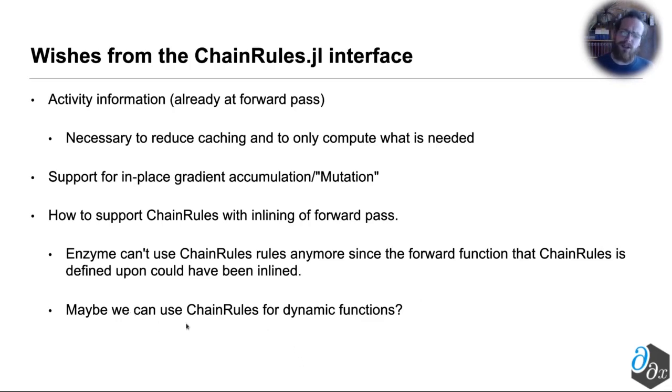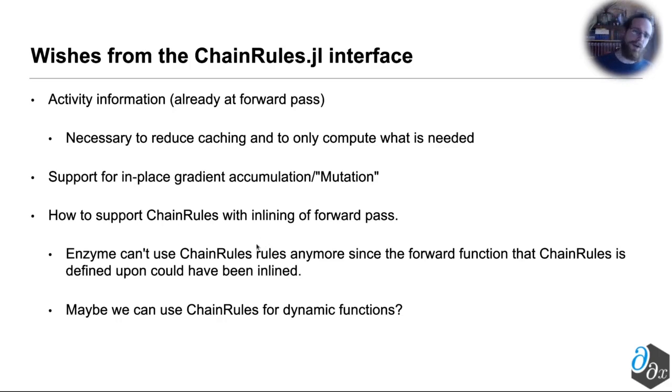We would also like to use chain rules to actually add higher level rules to the low level rules that Enzyme is already using. But we are having a challenge that if you're inlining functions during the forward pass on the Julia level, we cannot use chain rules to then look up what the function means because the function doesn't exist anymore. It has been inlined.